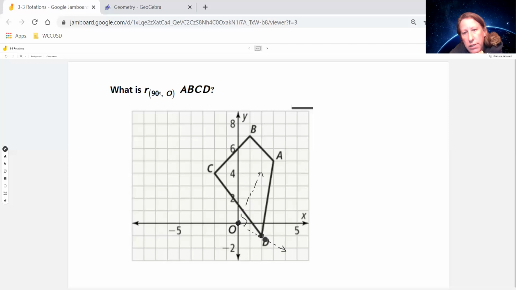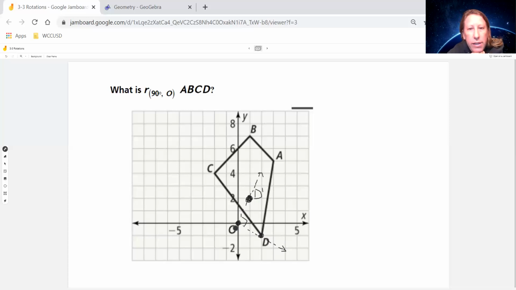So from D, spinning in here to a right angle, the new D is going to land right there in the interior of this trapezoid. These are a little tricky. If I put my thumb on the origin, point to D, and then turn it 90 degrees, that's where D would land.